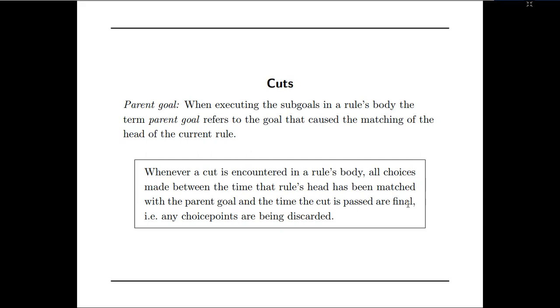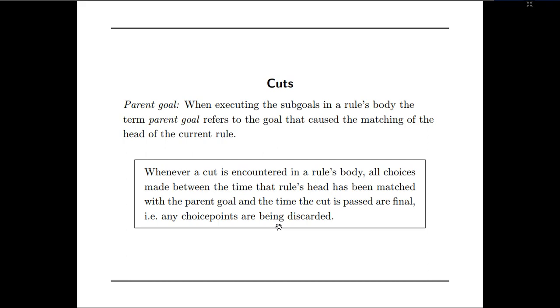That is, any choice points are discarded. That means previous goals or previous choice points that we have selected for verifying this will be discarded and we will never visit the previous choice points in future. This is the way the cut will help overcome the disadvantages of the backtracking.